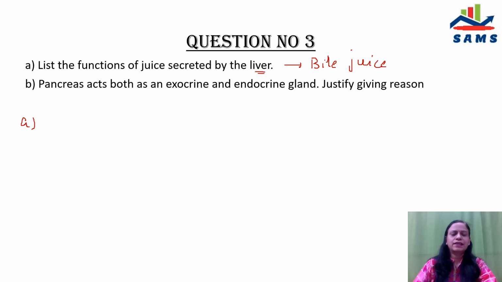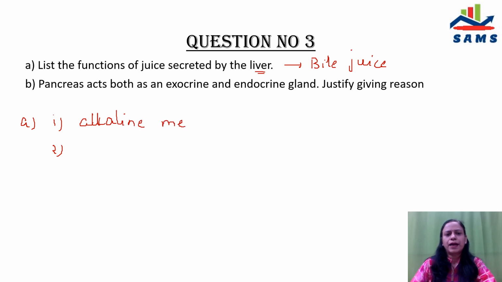So the liver secretes the bile juice, and what function does the bile juice perform? It has two functions. The first function is that it makes the medium alkaline. So the alkaline medium is provided by the bile juice so that the enzymes of the pancreas can act on the digested food, right?